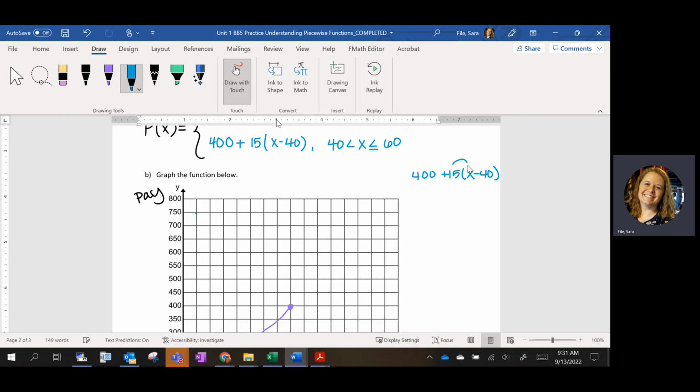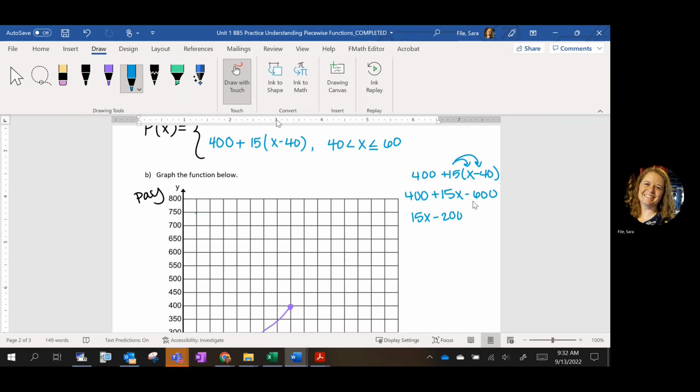Okay, you're just distributing the 15. So we've got 400 plus 15x. Okay, and then minus, and then the 15 times 40 is 600. So that is 15x minus 200.